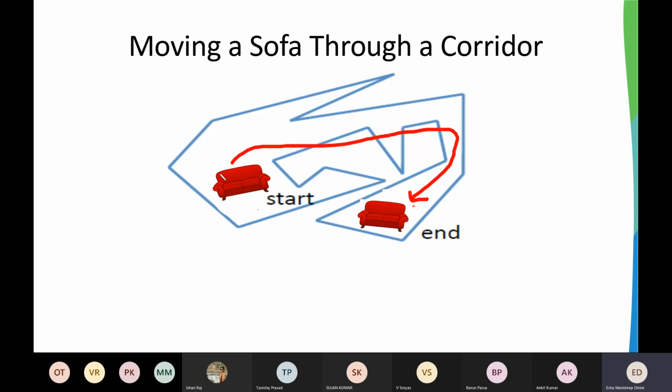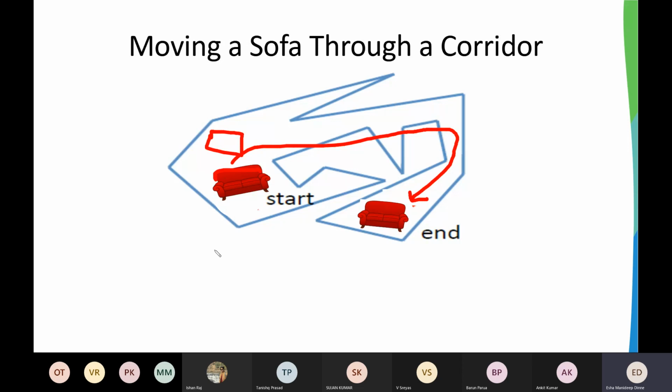It is easier algorithmically to compute whether a convex polygon, let's say a square, can be moved from start to end, because the sofa has curved edges and a weird shape.